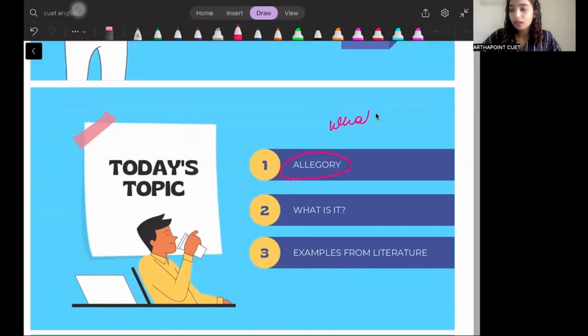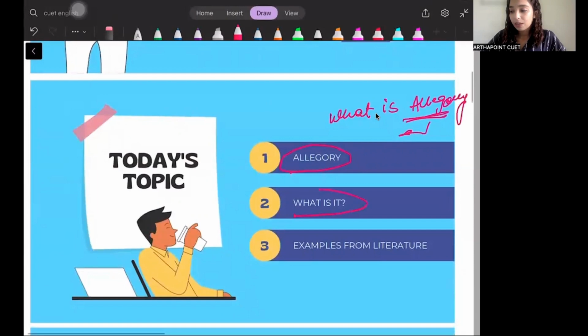What is allegory? Now, this is again something that you must have heard of in your classes, something that you must know of, because this is one of the easiest literary devices, right?